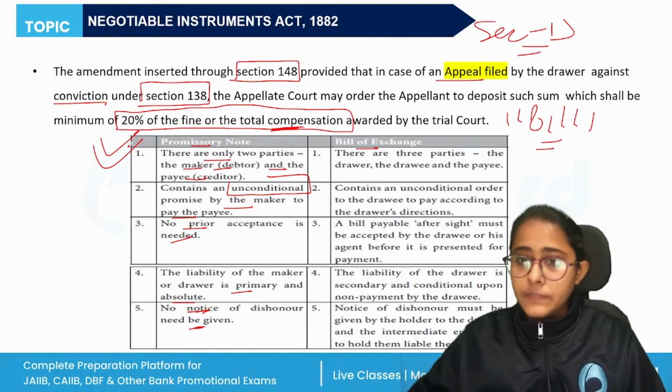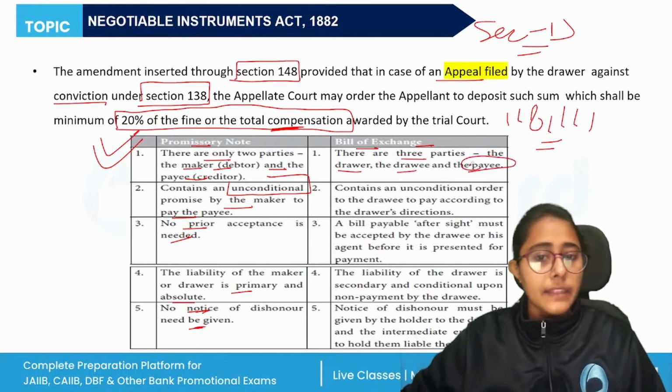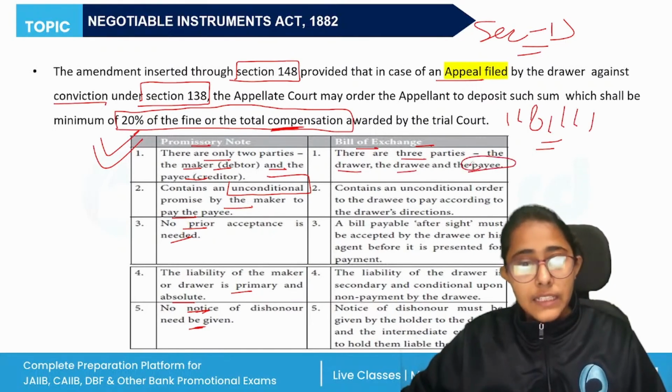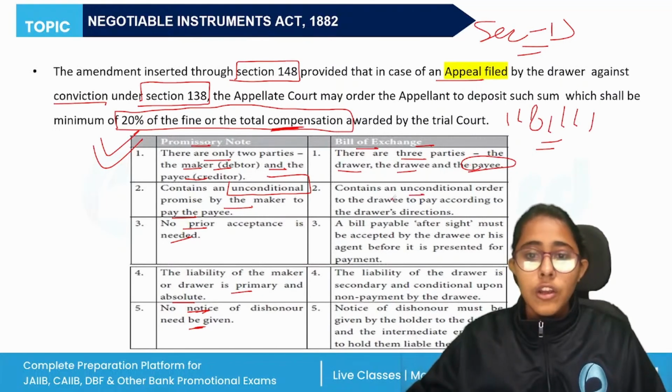Then we have the bill of exchange, where there are three parties: the drawer, the drawee, and the payee. It does contain an unconditional order to the drawee to pay according to the drawer's directions, and the bill payable after sight must be accepted.